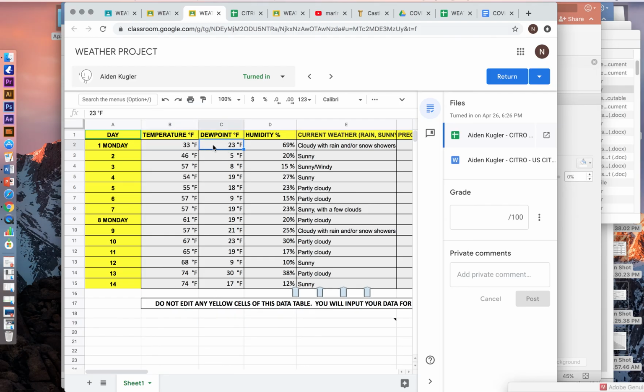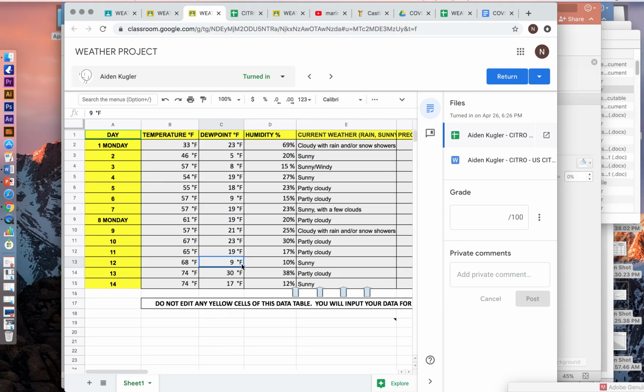Those are pretty close, some of the closest temperatures here. We see the relative humidity is at 69%, almost 70%, when those two temperatures are very close. Now let's compare it to something like here, 68 degrees Fahrenheit and 9. Those are very far apart, and the result is we have a low humidity and a really nice day.